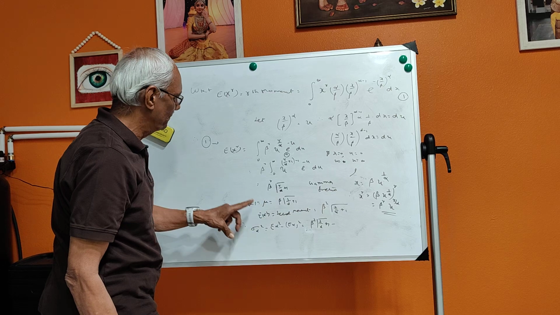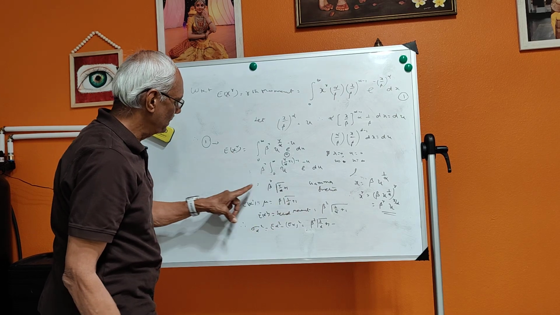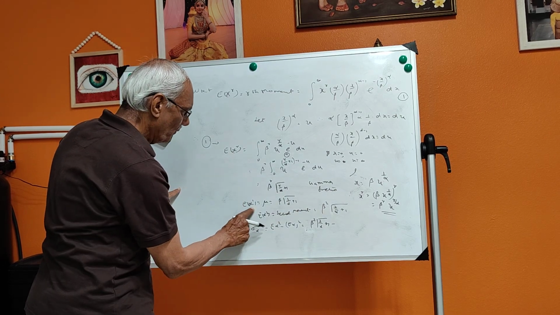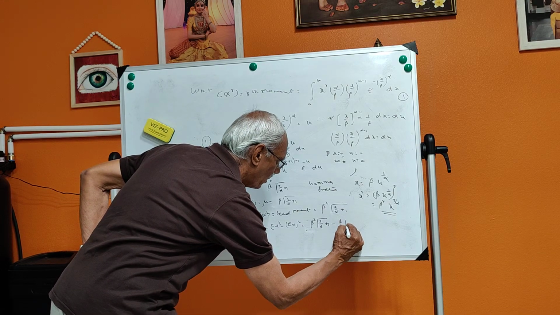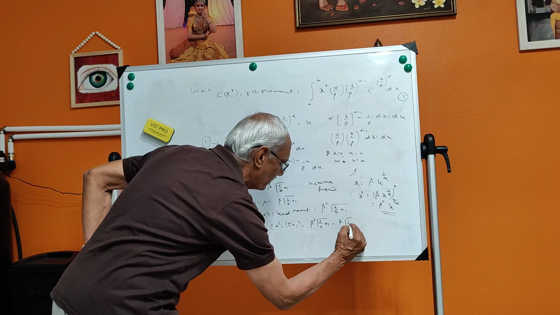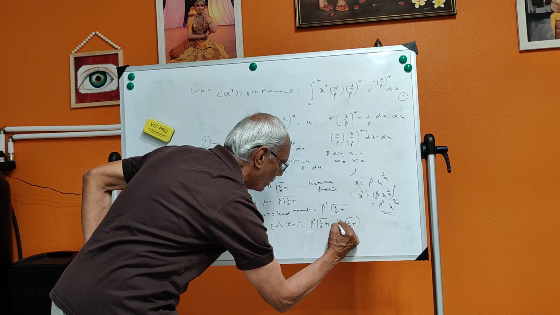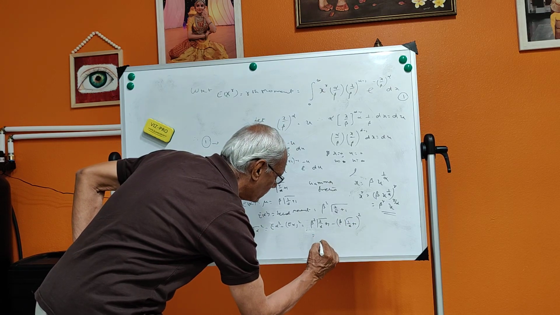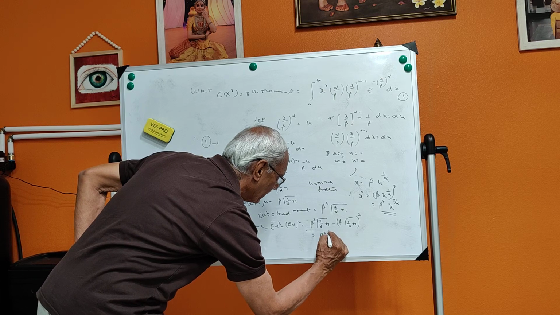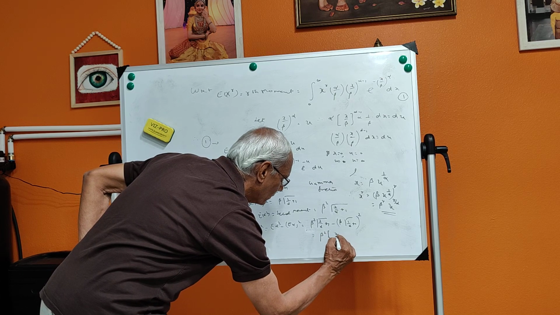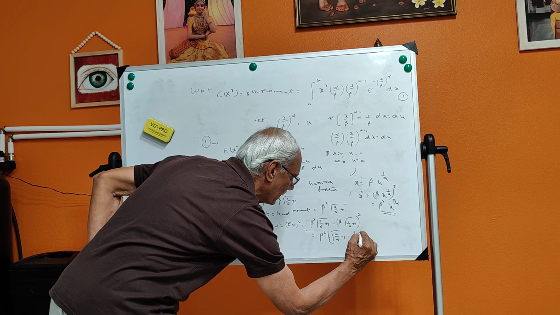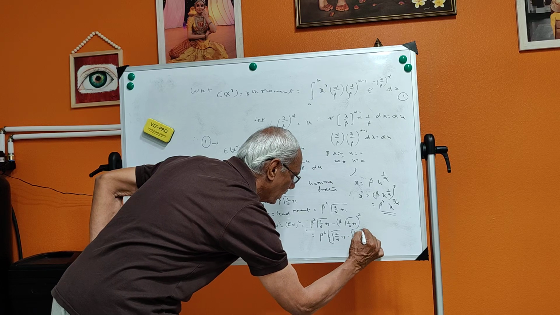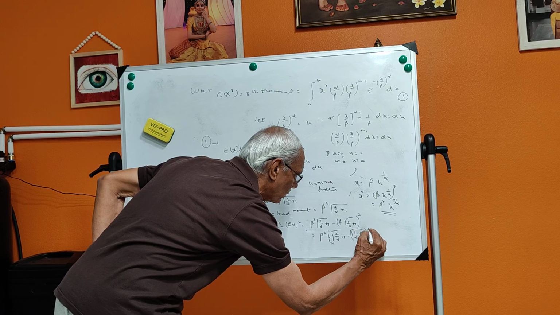The E of x value is equal to beta gamma of 1 by alpha plus 1, whole squared. So this is equal to beta squared into, within brackets, gamma of 2 by alpha plus 1 minus gamma of 1 by alpha plus 1 whole squared.